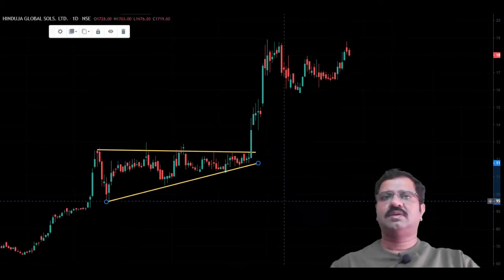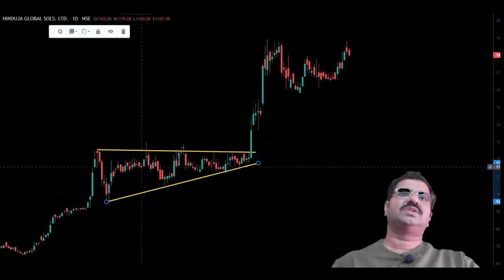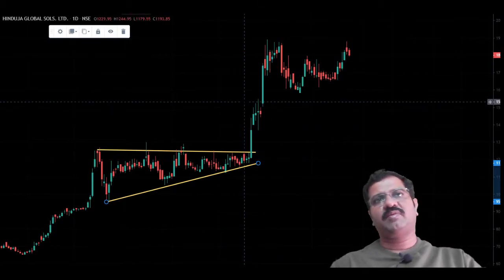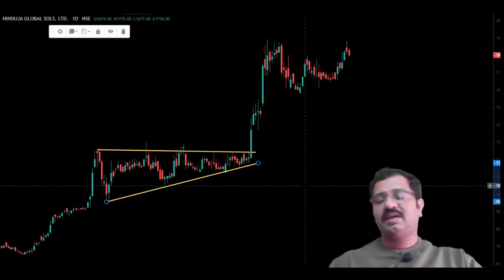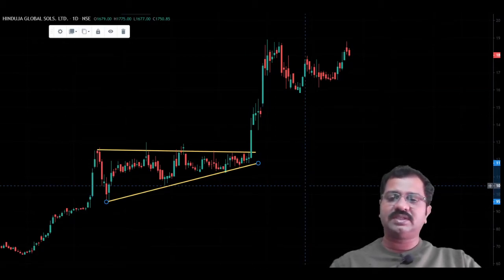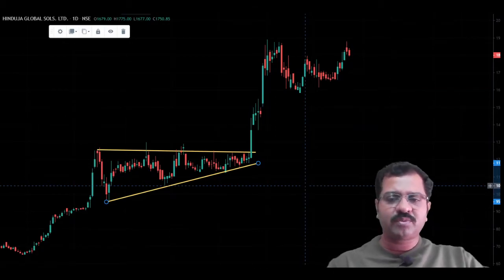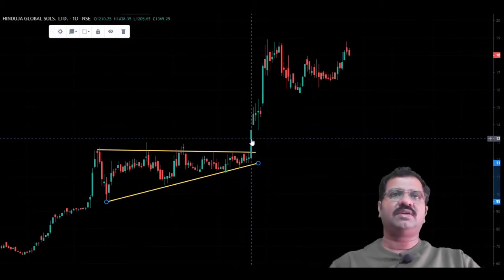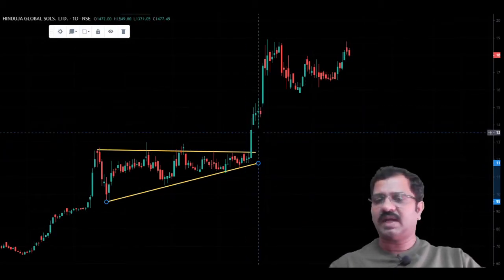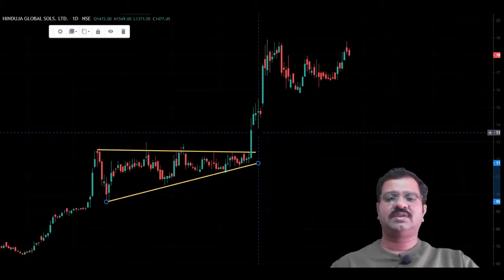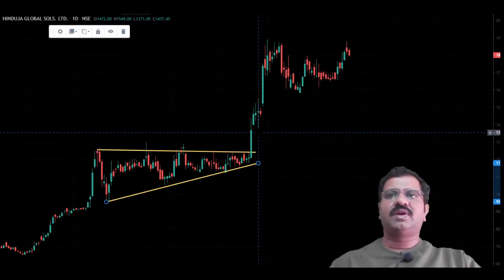Once the breakout happens, see the profit, this was your minimum profit, right? And the most important thing is it gives you profit quickly. See, 1 2 3 4 candles and you exit. So within 4 days you get good profit and you are out of the trade.